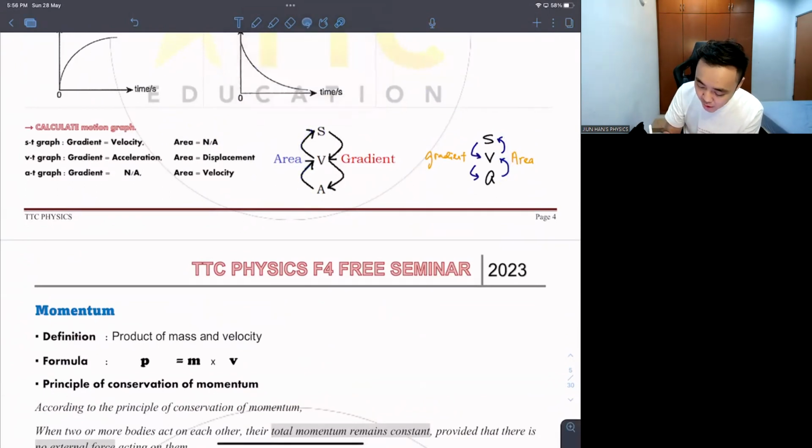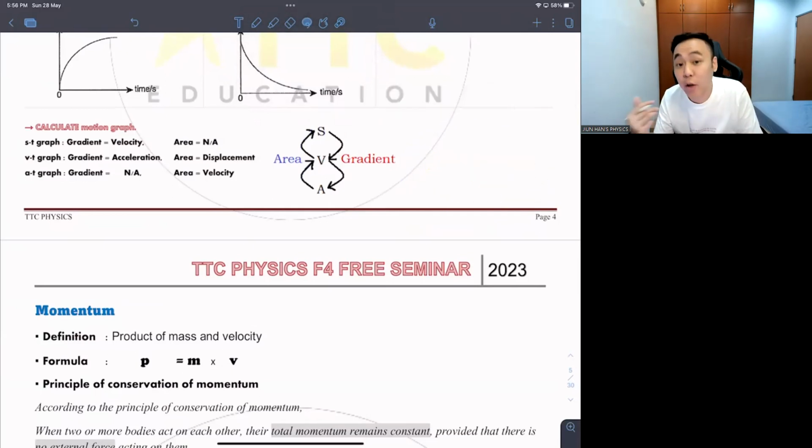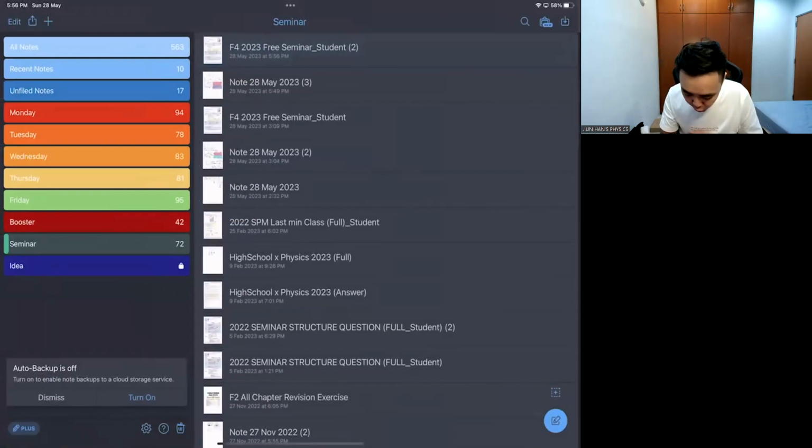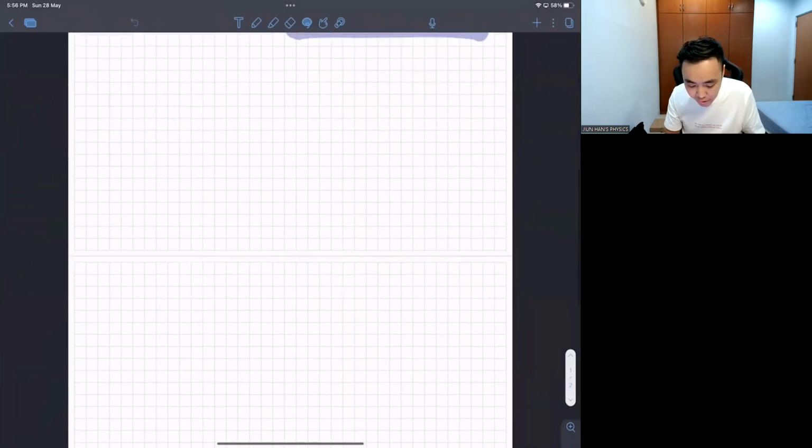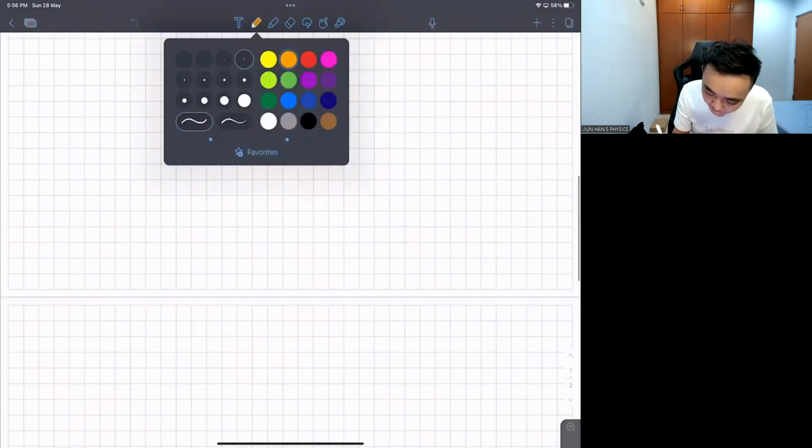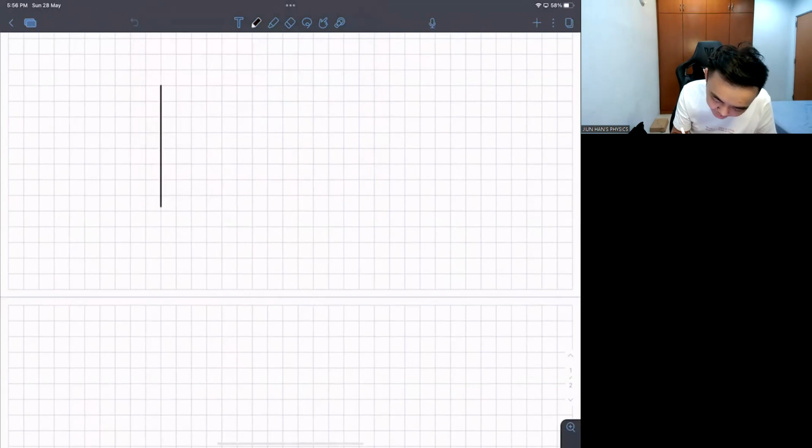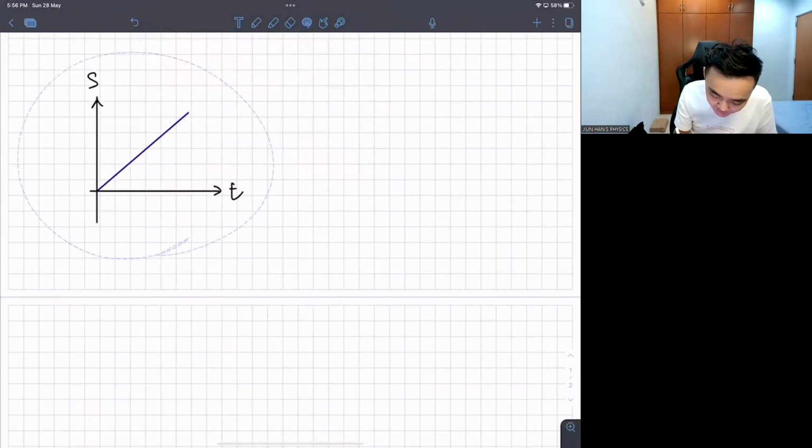Then the next question, of course, you ask how to use it. Now I know how to draw this, but I don't know how to use it, right? Now, your trick is this way. Let's say now I have an ST graph. If I get a graph that looks like this, what kind of motion am I having?